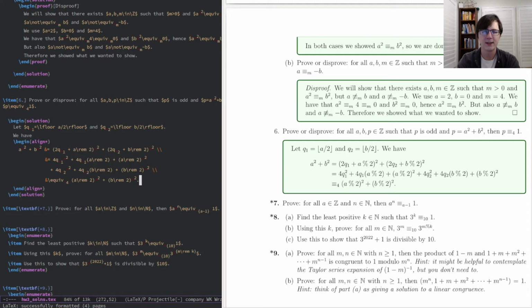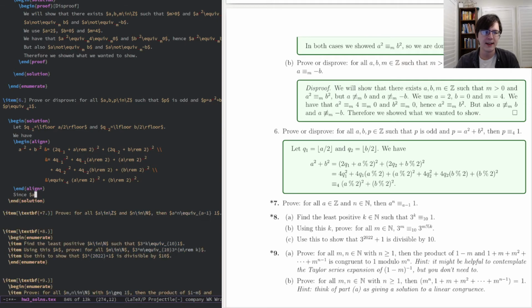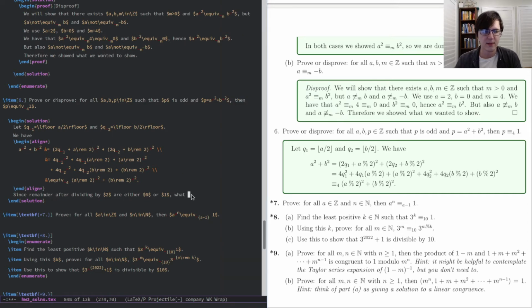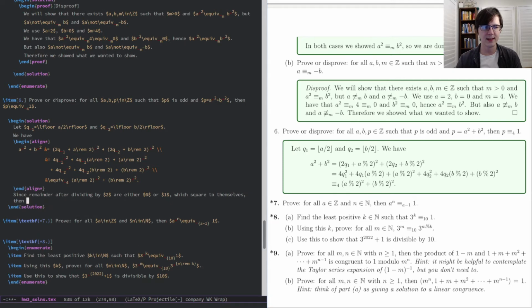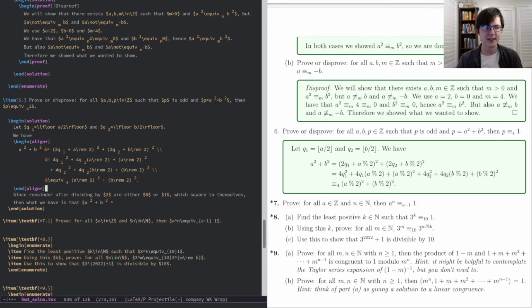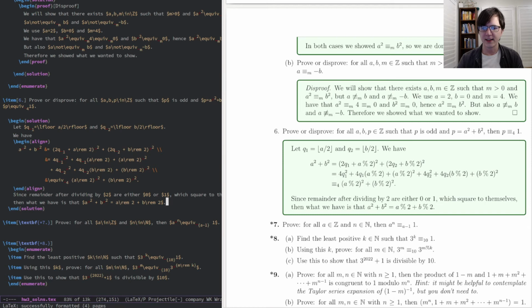Okay, so since remainders after dividing by 2 are either 0 or 1, which square to themselves, then what we have is that a squared plus b squared is this, where we have to remember that, like division, no, well, you know what?